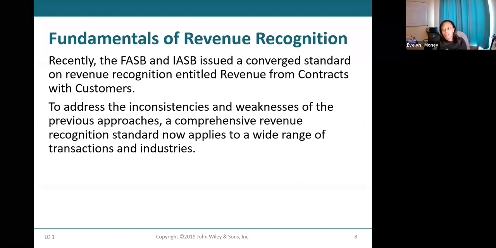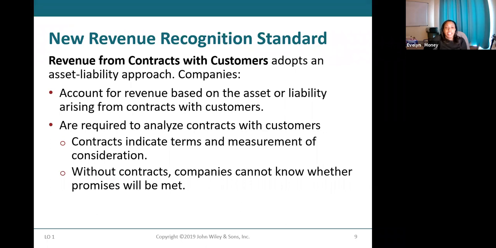As I mentioned a couple of minutes ago, some of the standards were unclear and there were inconsistencies, and some companies were able to report higher revenues than what they should have been able to report. So now we have the new revenue recognition standards.